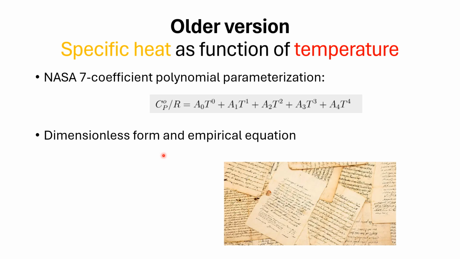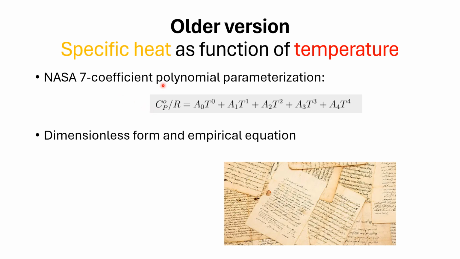It is not based on any theory. It is called 7 because enthalpy and entropy also come into the picture, with other coefficients, but here only Cp is given.